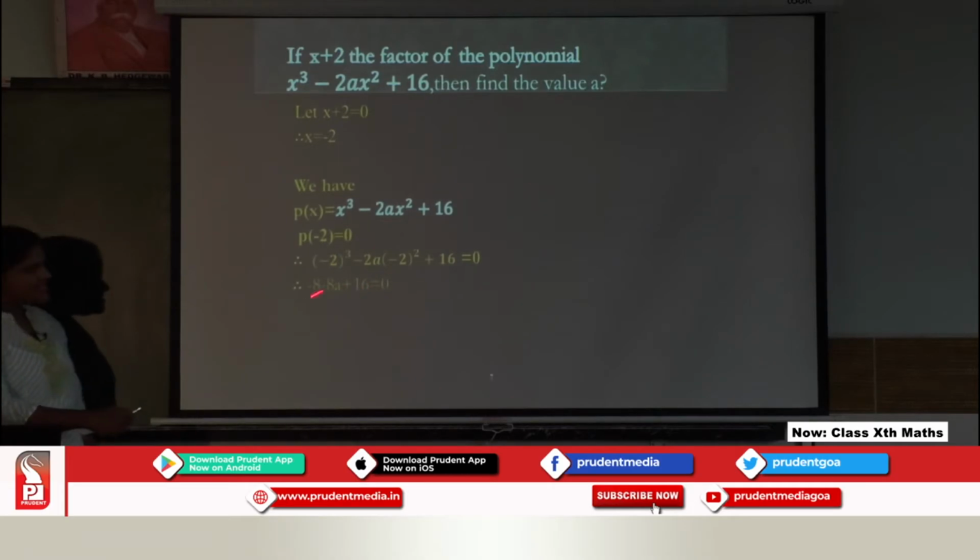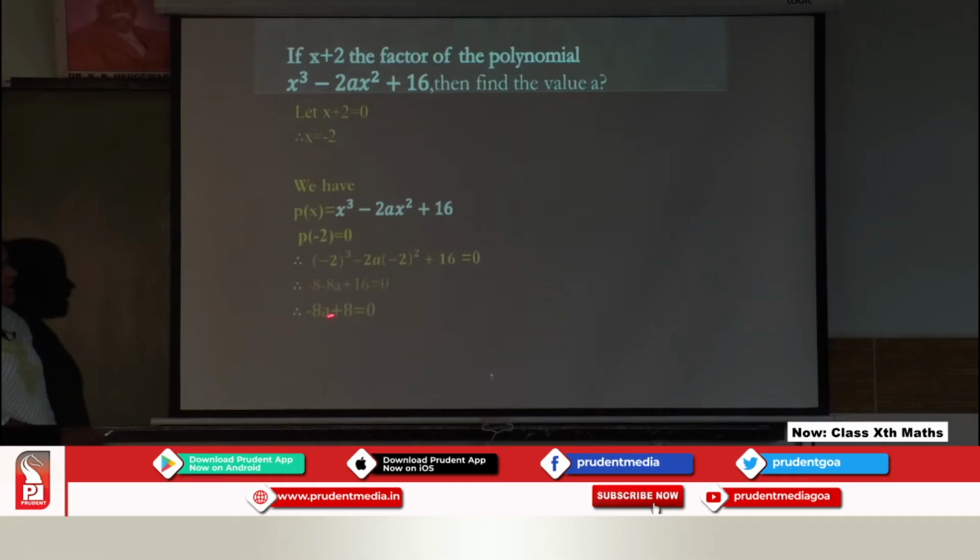Now just solve this, collect the like terms. Your constants are minus 8 and 16. So in the next step you will get minus 8a, and minus 8 plus 16 will give you plus 8. Now solve this. After solving you will get minus 8a is equal to this positive 8 will become negative 8.